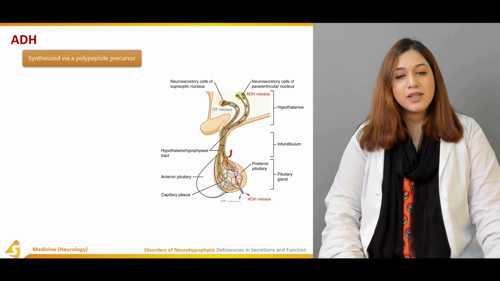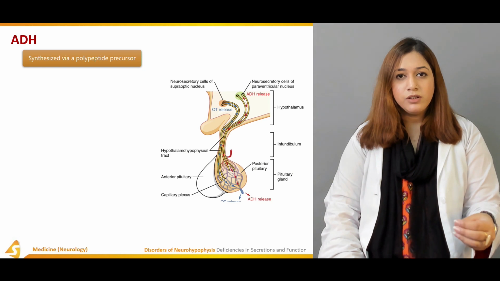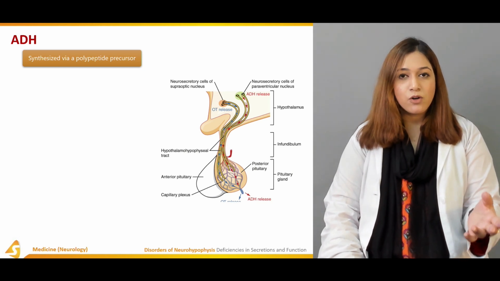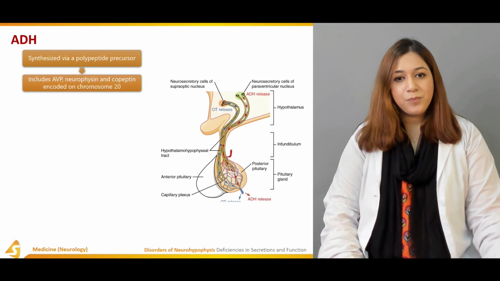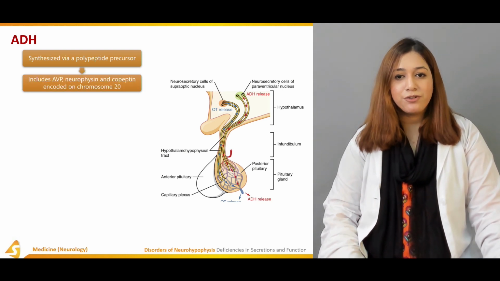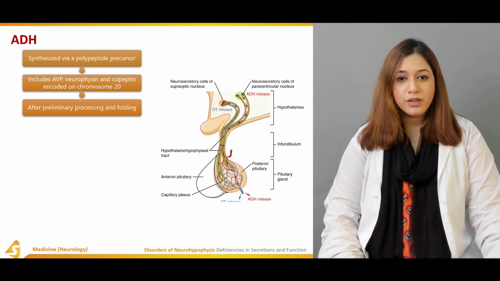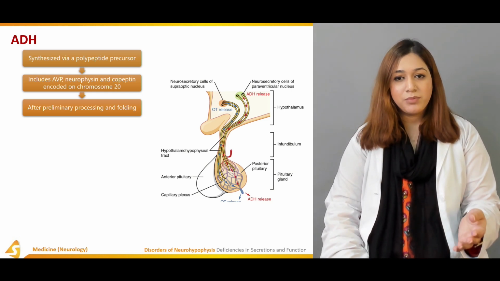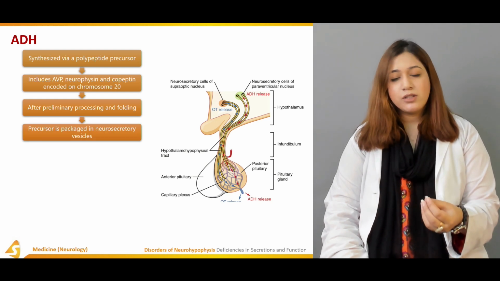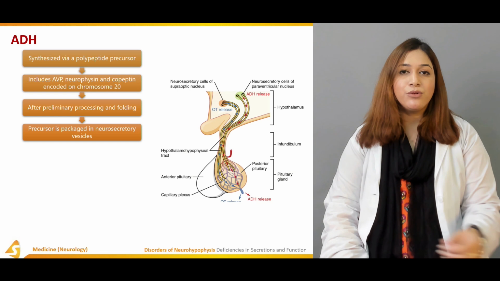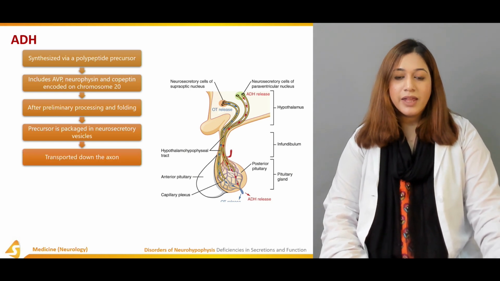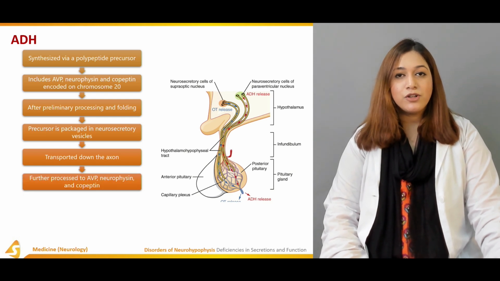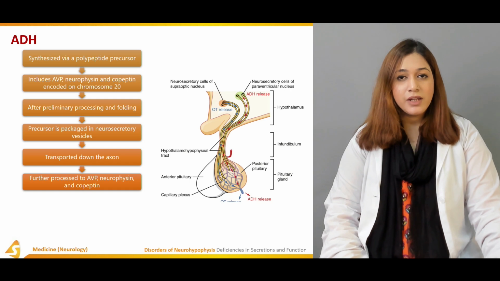ADH is synthesized via a polypeptide precursor in the neurosecretory cells of the hypothalamus. It includes AVP, neurophysin, and copeptin. All of these are encoded on chromosome 20. After the preliminary processing and folding of these polypeptides, these precursors are packaged into neurosecretory vesicles, and they are then transported down the axon through the infundibulum, and are further processed to AVP, neurophysin, and copeptin.